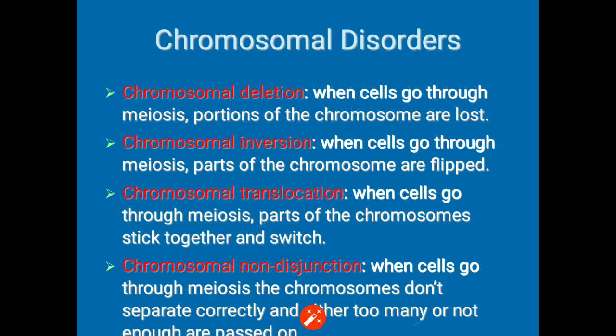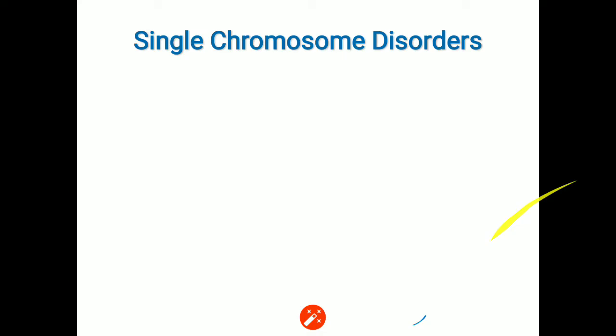Chromosomal translocation: when cells go through meiosis, parts of the chromosome stick together and switch. And chromosomal non-disjunction: when cells go through meiosis, the chromosomes do not separate correctly, and either too many or not enough are passed on. So these are the possible causes of chromosomal disorders.